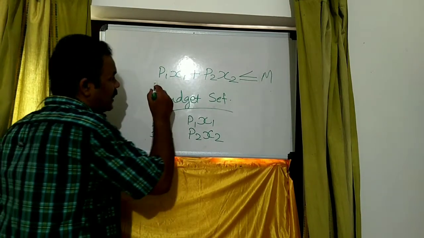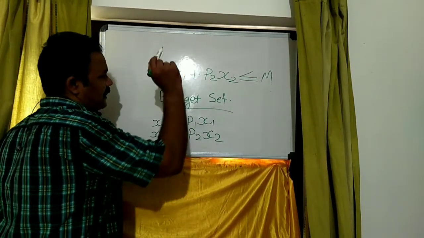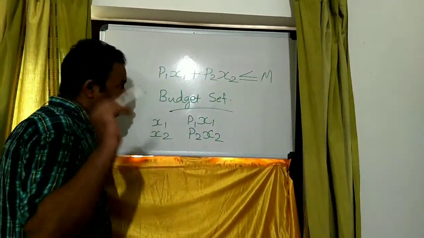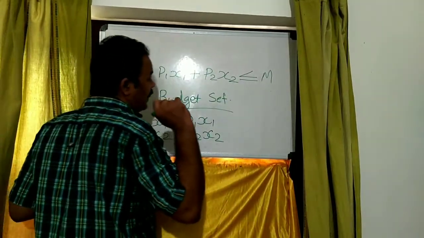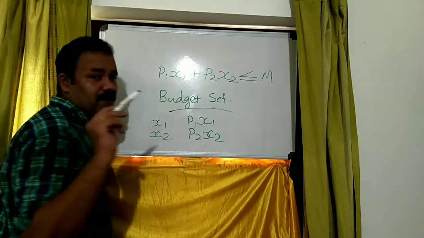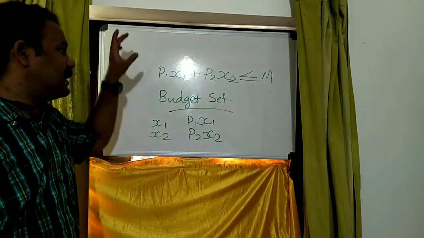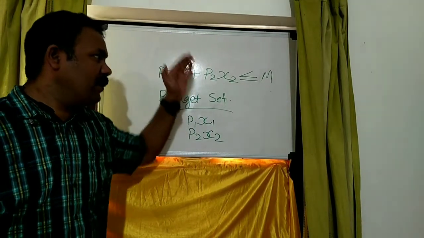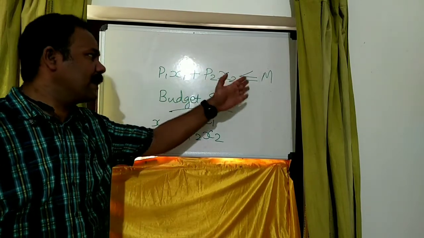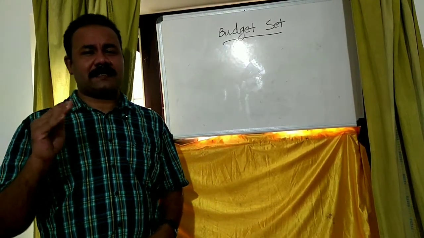The total expenditure for the first commodity and second commodity should be less than or equal to the income of the consumer. So the equation for budget set is P1 x1 plus P2 x2 less than or equal to M. Then we can take one example here.